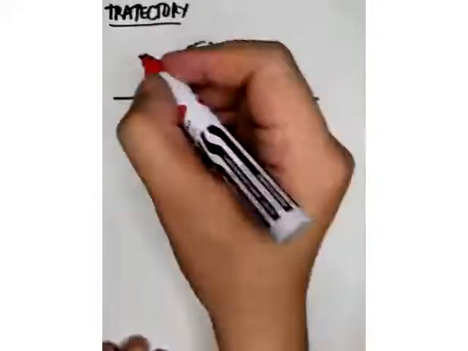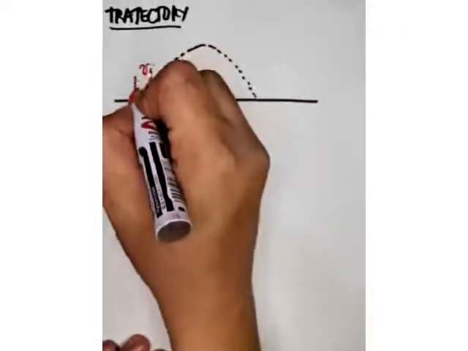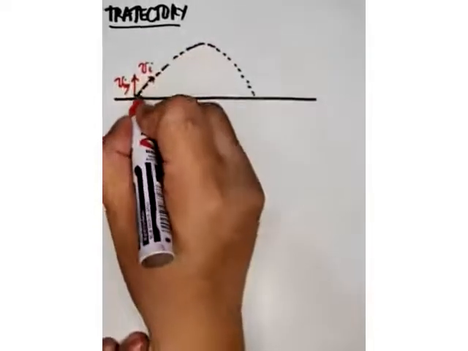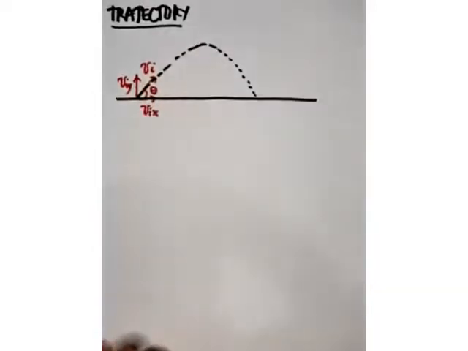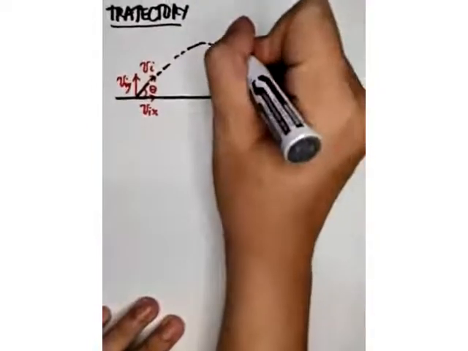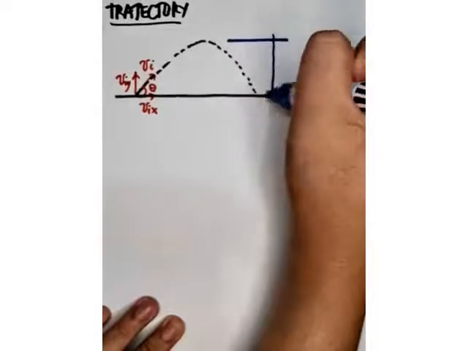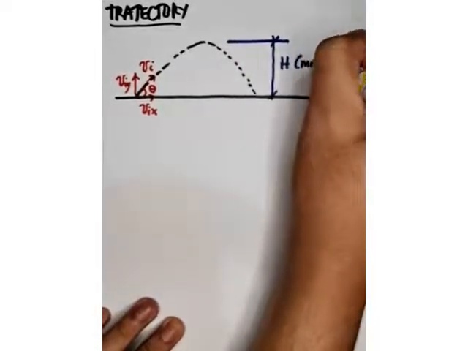Okay, so ulitin ko lang. Halimbawa nandito yung V initial, and then we have VIY, and then we have the VIX. Nandito yung theta natin. Meron tayong dalawang importanteng property dito. Una yung kanyang maximum height. Tatawagin natin yung H, so that is max height.